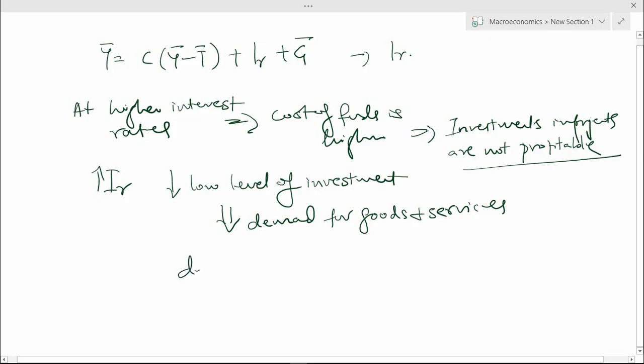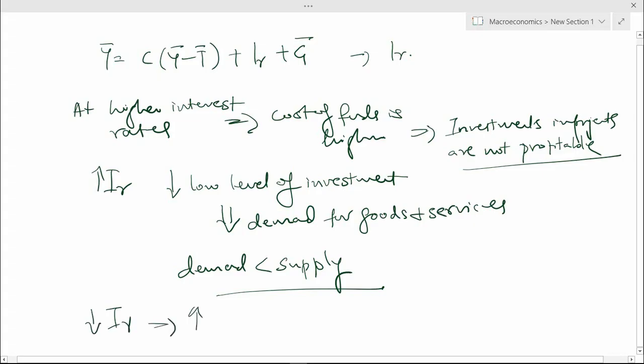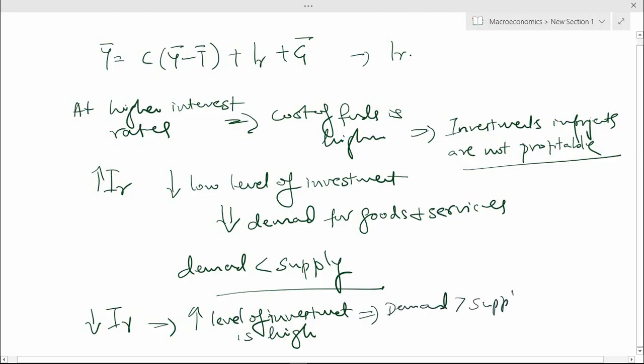Since there is a low demand for goods and services, the demand is lower than the supply. Now, when IR is lower, the level of investment is high, which means there is a high level of demand. So the demand for goods and services exceeds the supply.